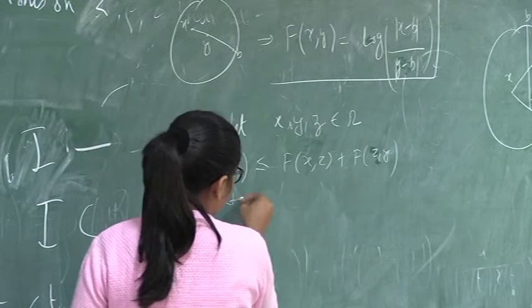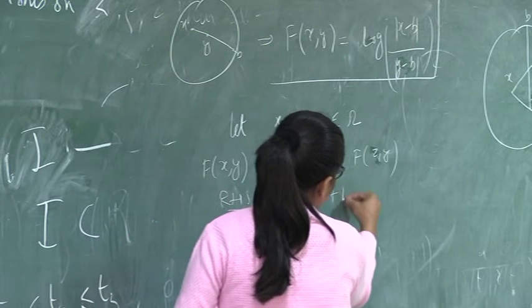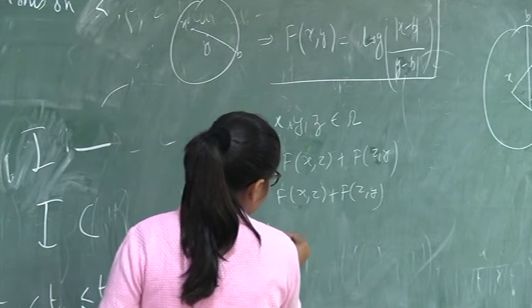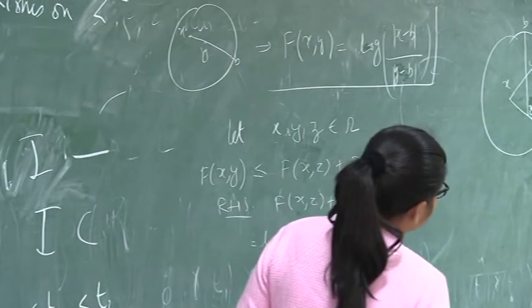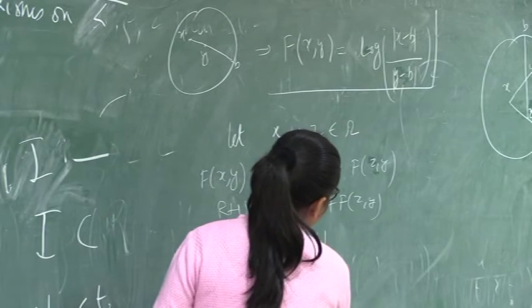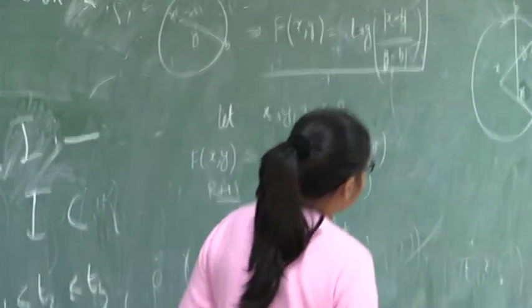For this we have to solve the right hand side, which is fxz plus fzy, and what is this? This is log of x minus a upon z minus a. And what is this? Zy.